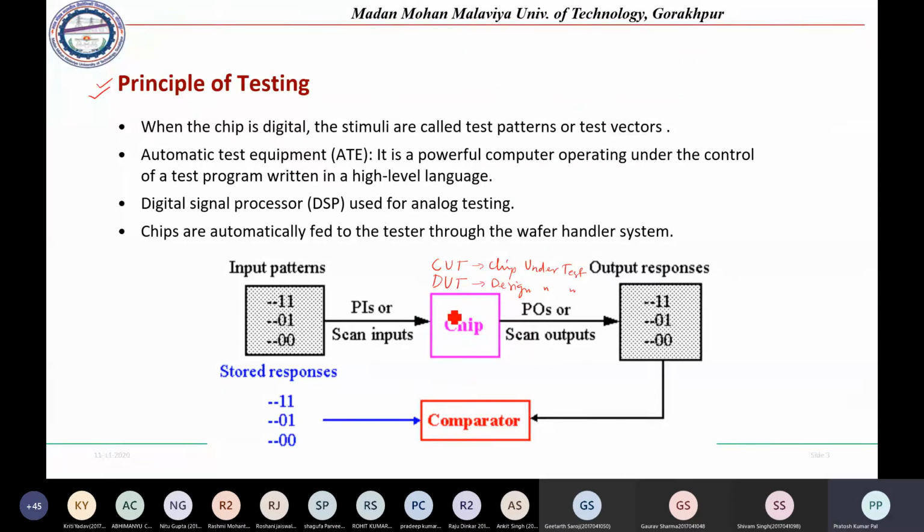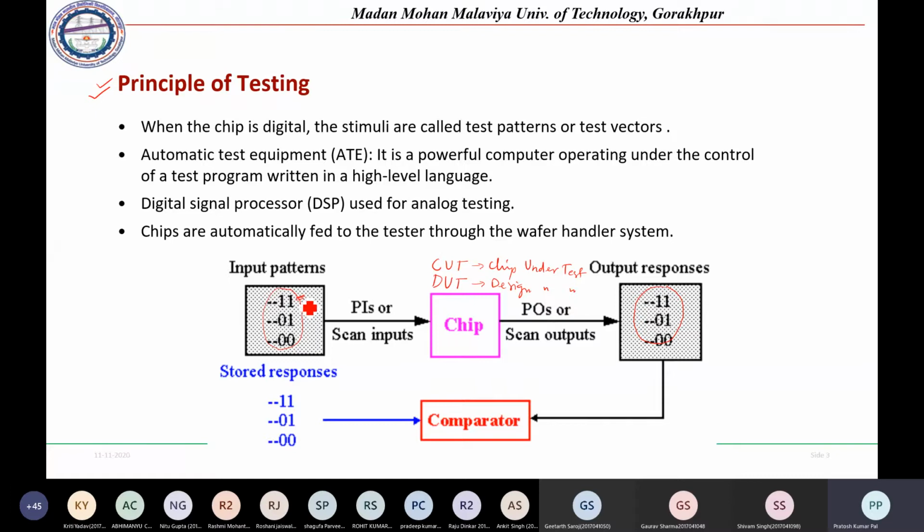While testing a chip, we give some set of inputs to the chip, and with respect to that, we record whatever output it is giving. Some set of random inputs we provide.